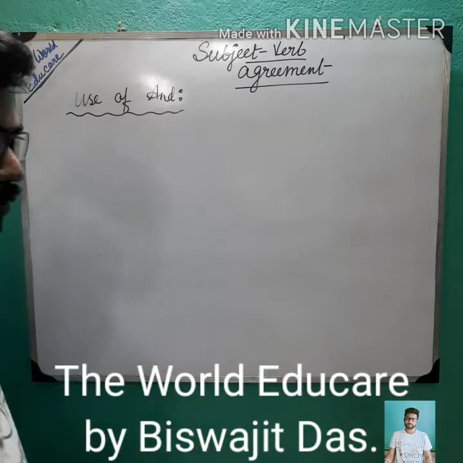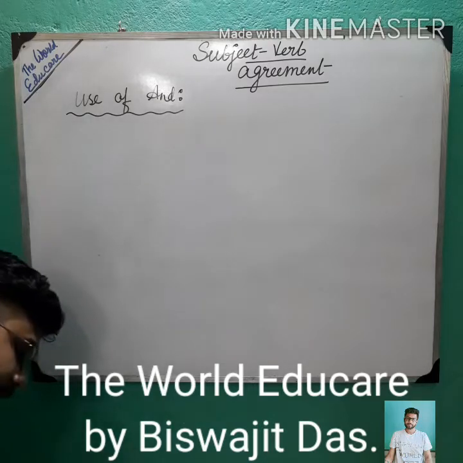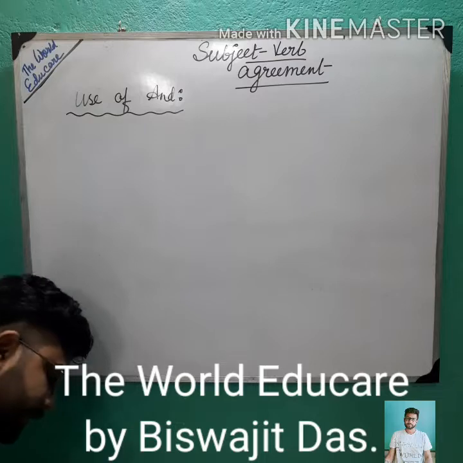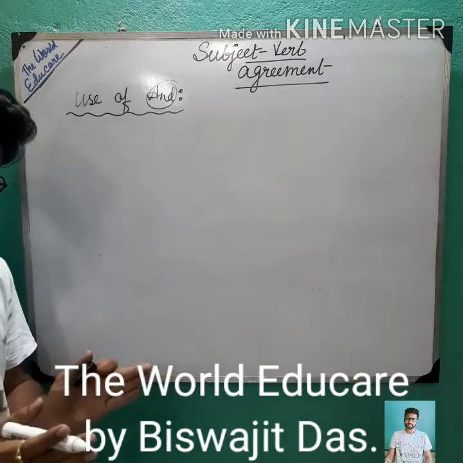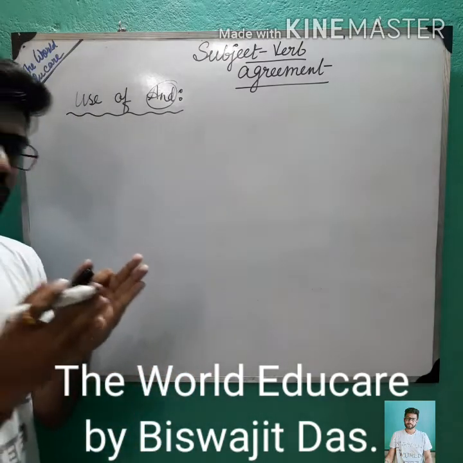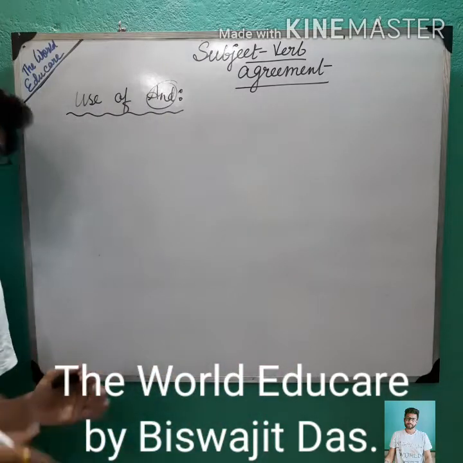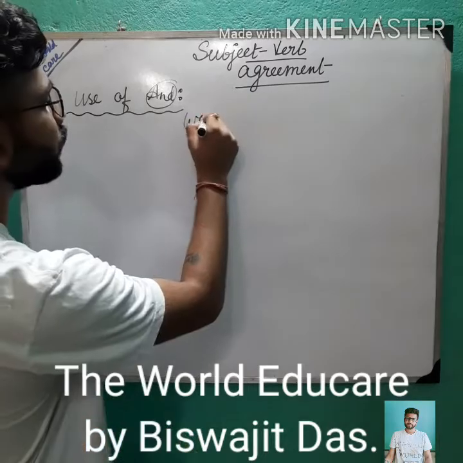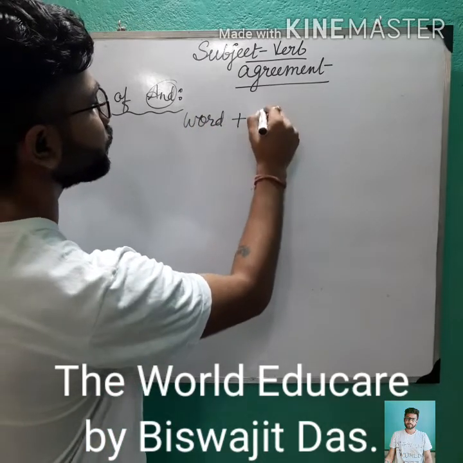Let us see. Use of and. What we will say, that is, use of and, we know that it's a conjunction. It is used to join either two words or group of words in a sentence. So sometimes it also joins sentence. Word plus word.